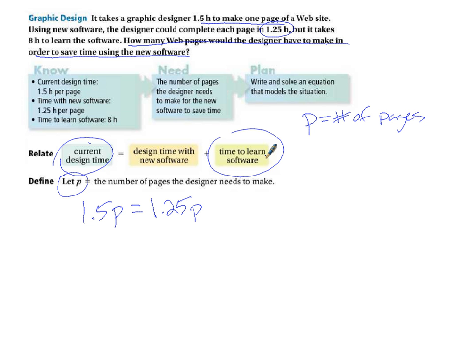So plus 8 hours to learn that new software. That's the equation. What this will give me is P, the number of pages, how many pages it will take for her to catch up. After that, she's beating me. Okay, so what do we do?